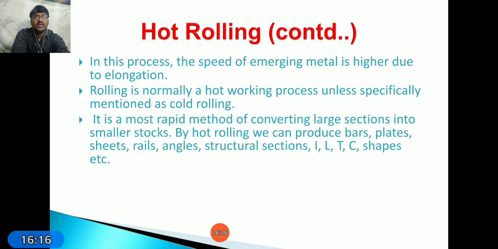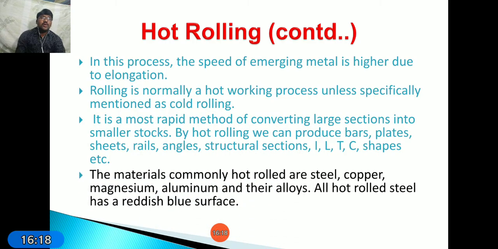Next, the materials commonly hot rolled are steel, copper, magnesium, aluminum, and their alloys. Mainly, we do the rolling process. Next, hot rolled steel has a reddish blue surface.